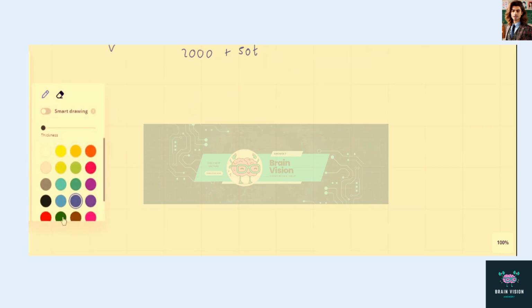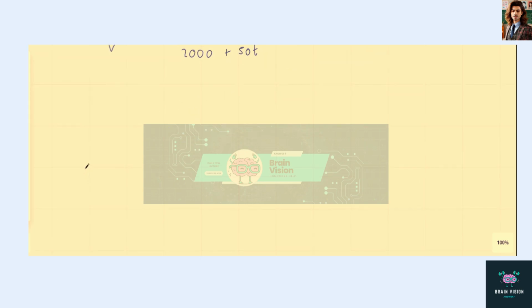To solve this equation, we'll integrate with the initial condition that v is equal to 4 meters per second at t equal to 0. So the integral from 4 meters per second to the final velocity v, which we wish to calculate, of dv over v is equal to minus 50 times the integral from 0 to t of dt over 2000 plus 50t.